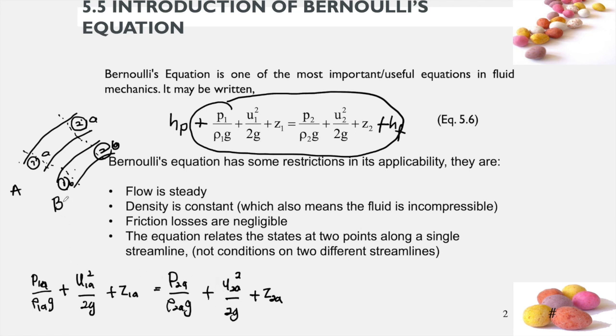When you are applying Bernoulli's equation at pipe B, you must change the subscripts to 1B and 2B.